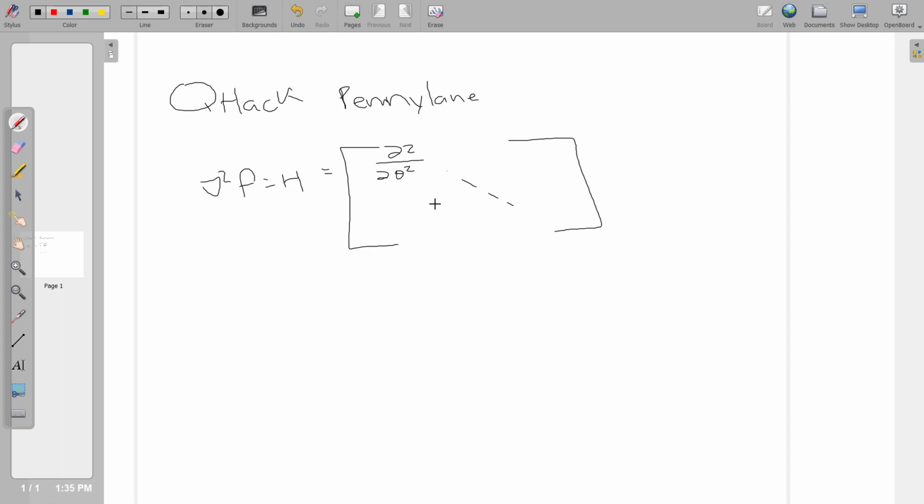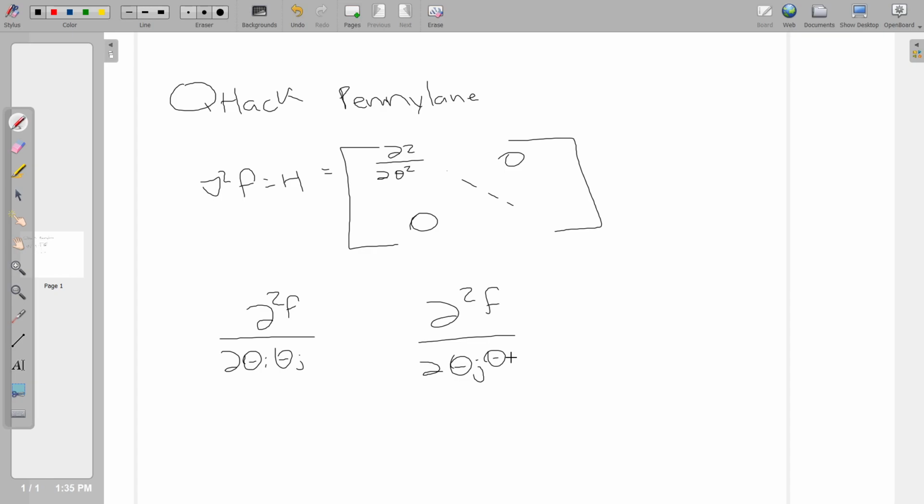I'm not going to write it out, but what we know from the gradient calculation is, let's just take an arbitrary one over here and an arbitrary one over here. If we have these two terms, across, diagonally opposed on the Hessian matrix.